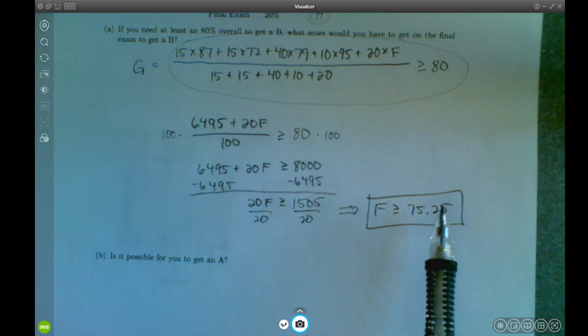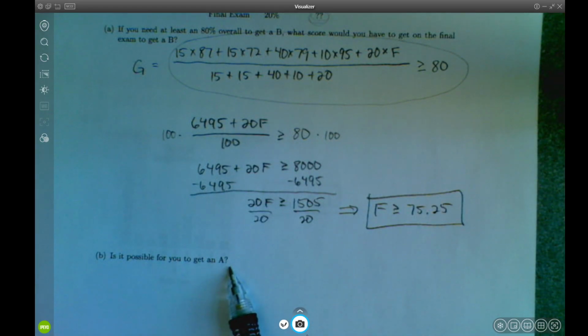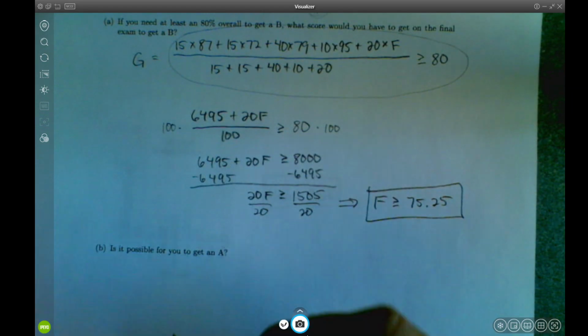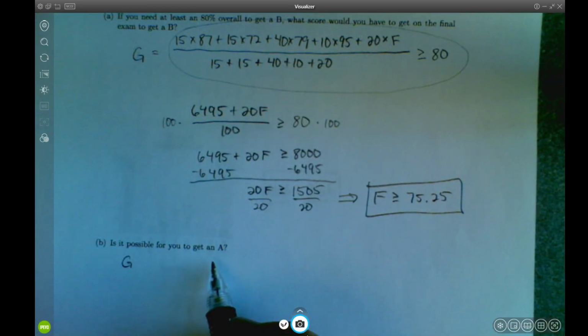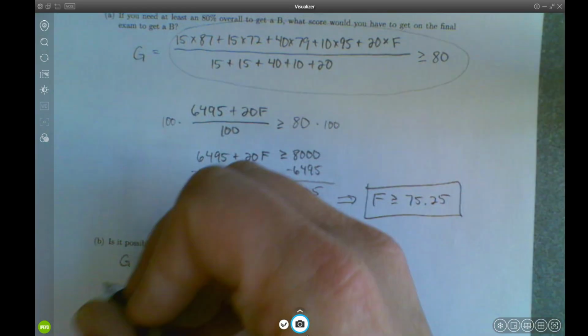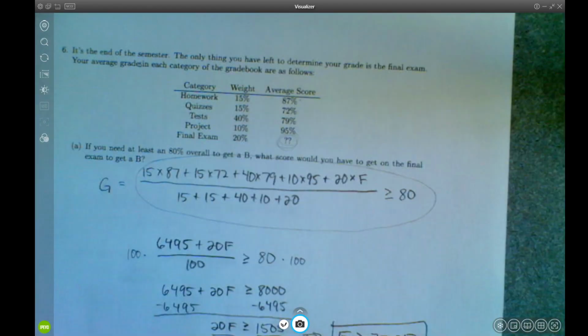Now, this kind of begs the question: if I can get a B with a 75% on my final, is it possible maybe for me to get an A? And to answer that question, we would do the same thing that we did a second ago. To get an A, we need at least a 90%. So we would want our grade, which we calculated this way a second ago.